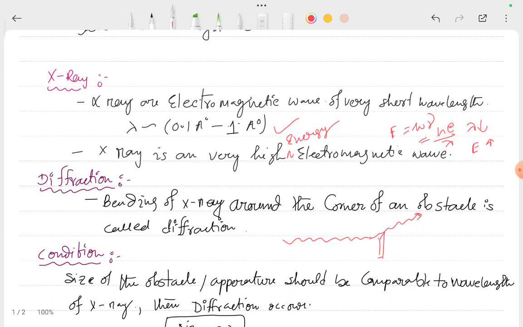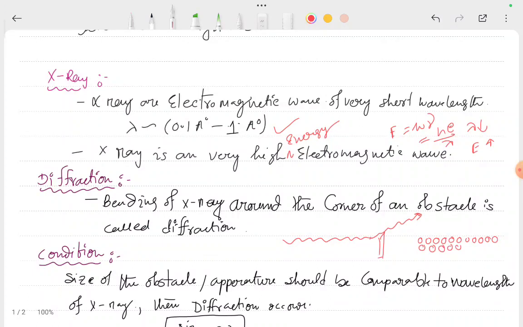So when an X-ray is incident on an atomic crystal, then X-ray is either diffracted or it passes through the crystal. So this is a big question. Crystals have a periodic arrangement of atoms.